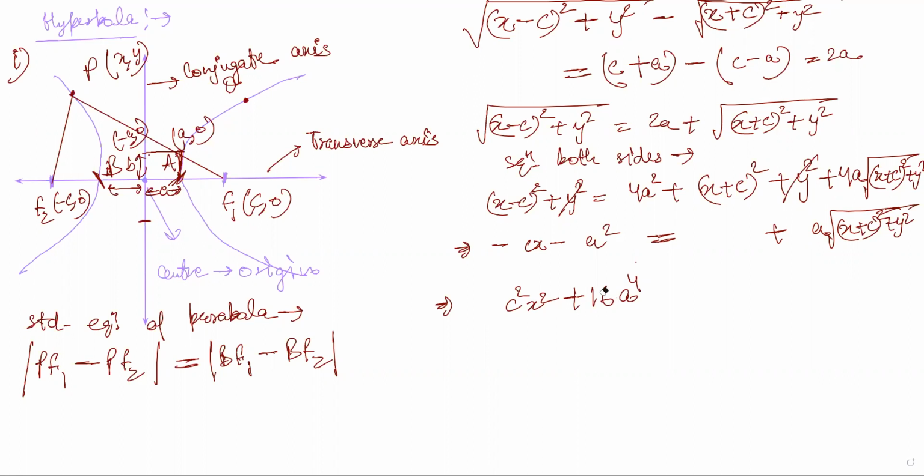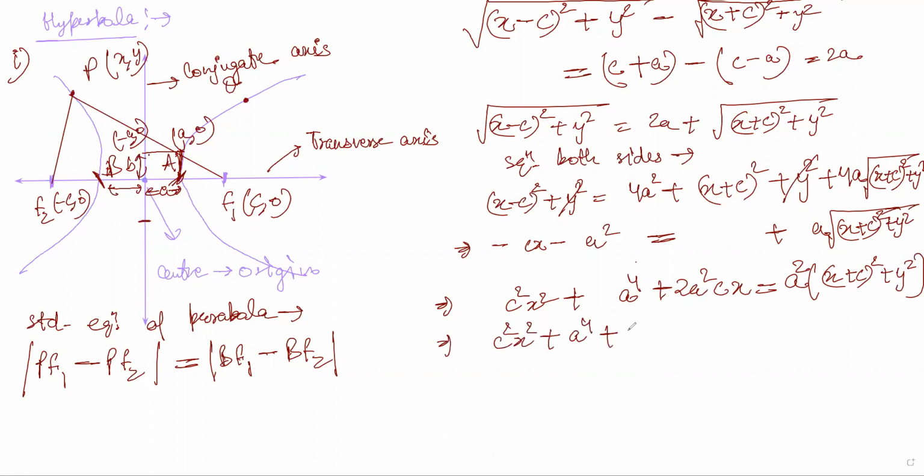So this is a^4 plus 2a²cx, and this becomes a² rather, and then (x plus c) whole square plus y square. So this is c²x² plus a^4 plus twice of a²cx. This becomes a²x² plus a²c² plus 2a²cx plus a²y².